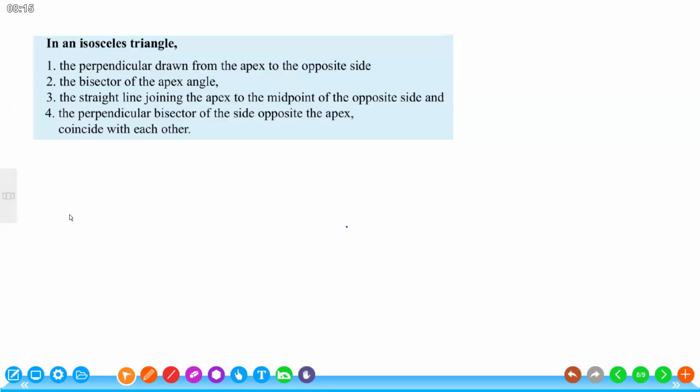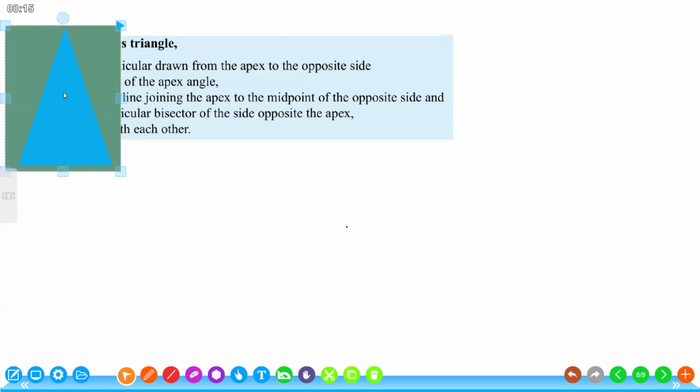The perpendicular drawn from the apex to the opposite side. Students, have you understood the word apex?